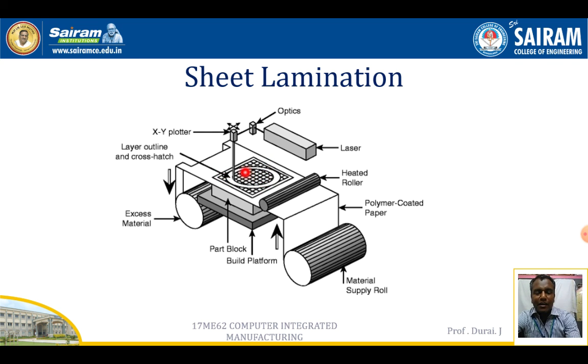After that, the waste material is stored in the excess material storage. And again above that layer, the sheets are placed. With the help of adhesives it is joined again, using the ultrasonic machining process. With the help of the printer, cutting takes place again. It continues until it reaches the required shape.